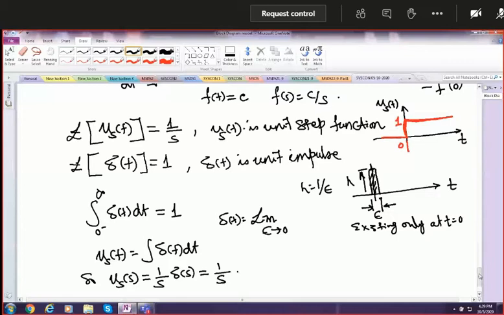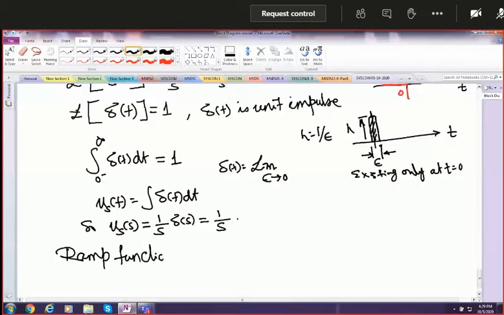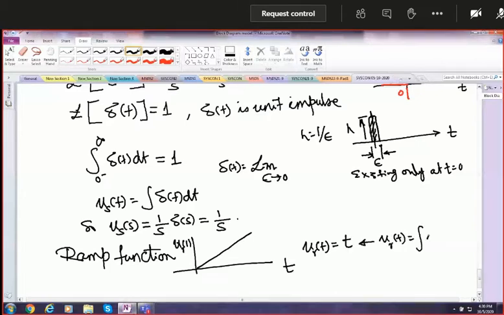Likewise, there is a ramp. Ramp is just a straight line, a linear line. u_r(t) is basically t. And this is again the integration of the unit step dt.